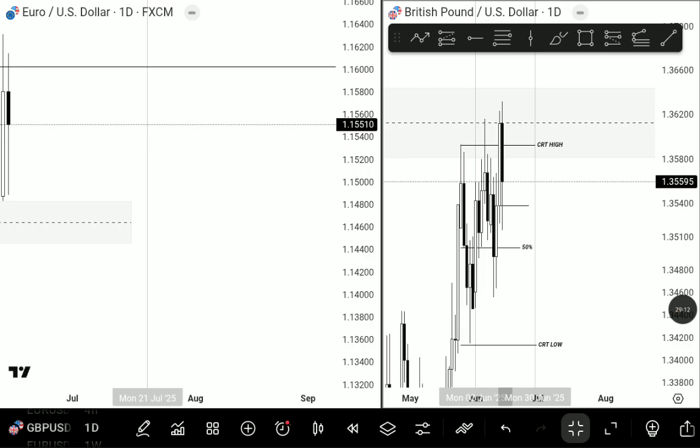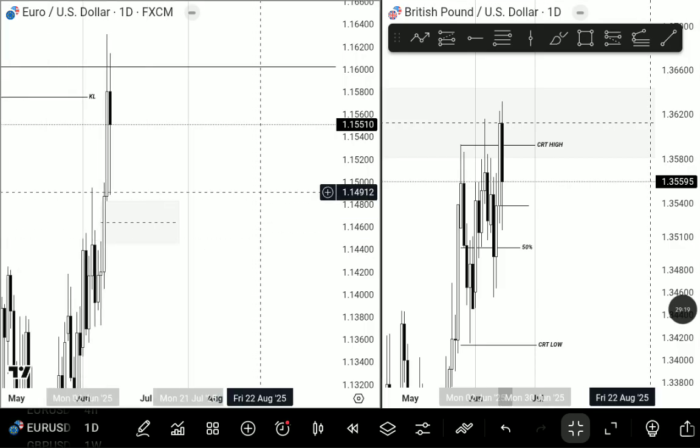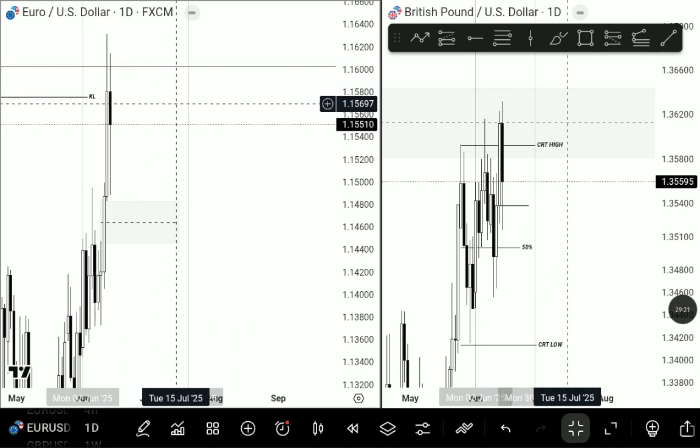Look at Asia. Was it a range? If it was a range, then you can expect a London open manipulation, and you can sell during London open manipulation, or maybe price is choppy. Even during London open, you look for a setup again, maybe during London lunch and New York open. So that's my advice as we move on to this new week, for you to be looking for sells.